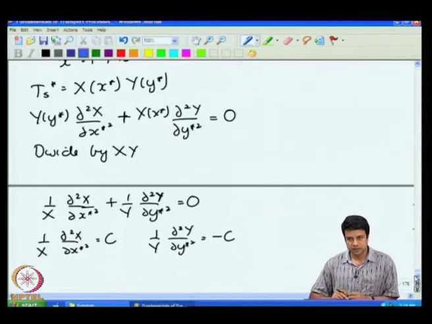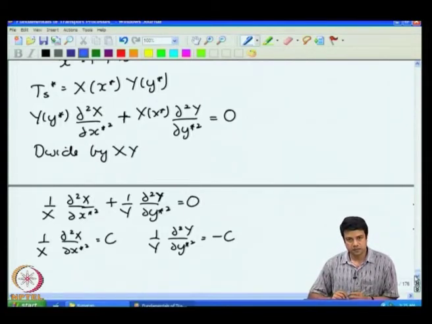That means that each of these functions individually has to be a constant. And the sum of these two constants has to be equal to 0 to satisfy this differential equation. Therefore, if 1 over X d square X by dx square is equal to c, then 1 over Y times d square Y by dy star square has to be equal to minus c.